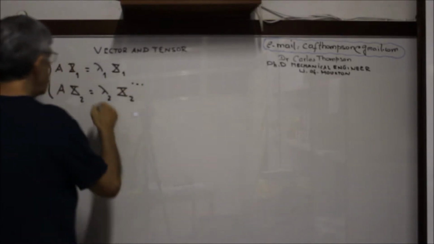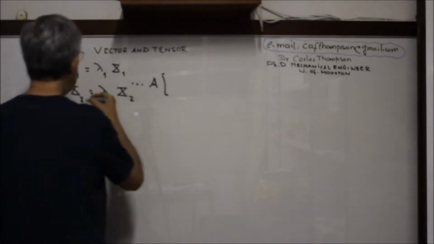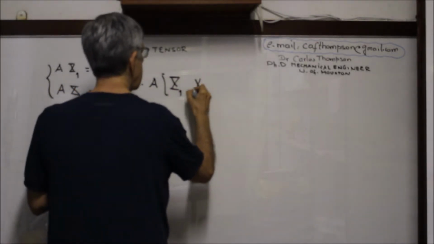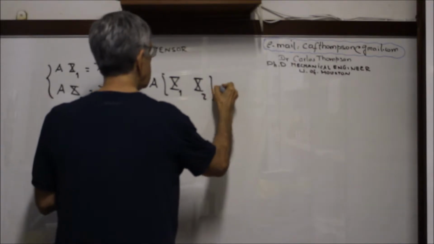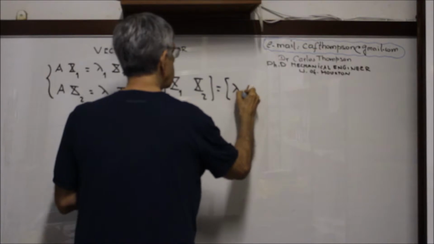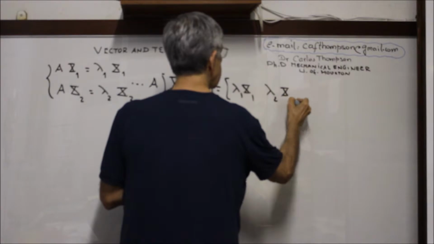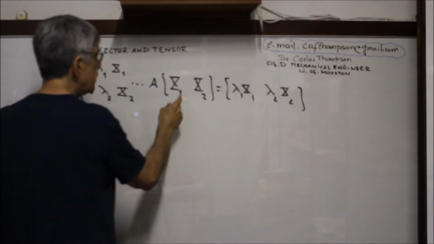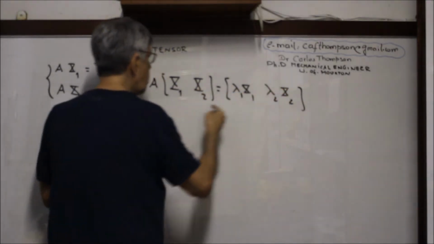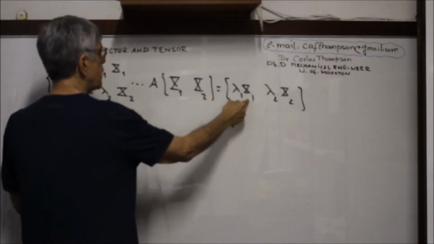Let's put all together: A times the matrix with columns x1 and x2 equals the matrix with columns lambda 1 x1 and lambda 2 x2.